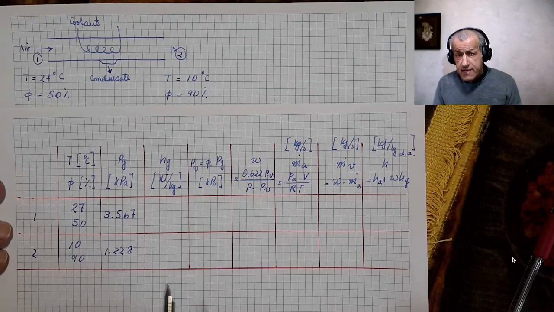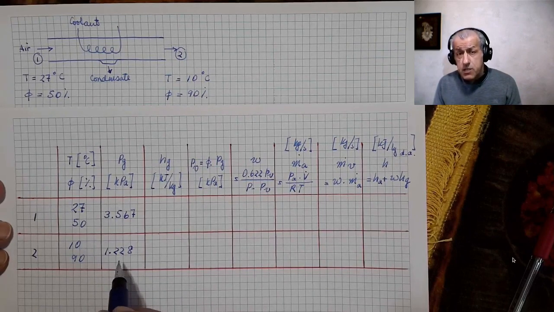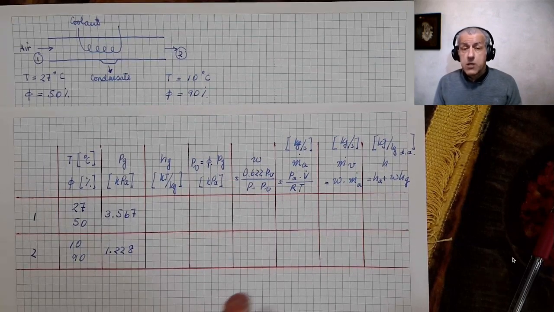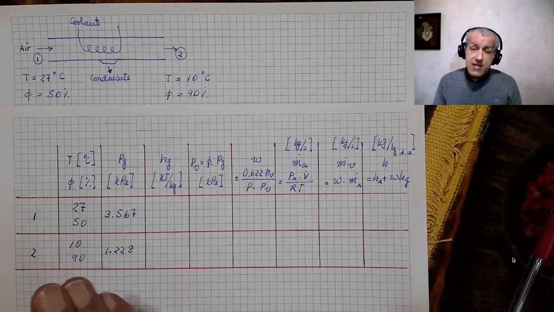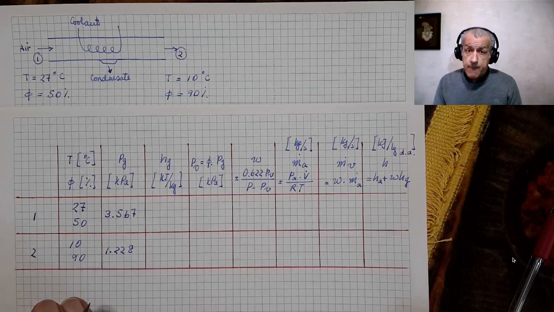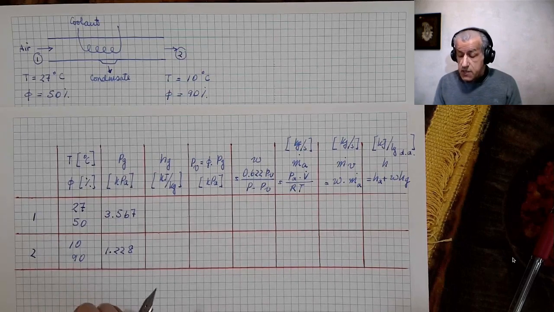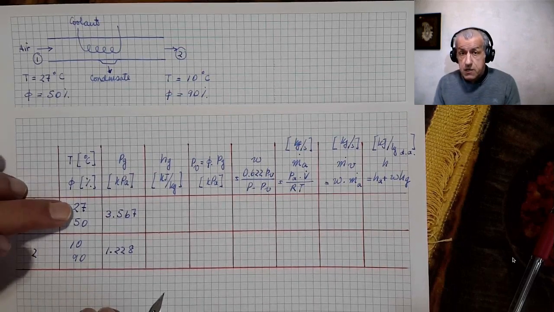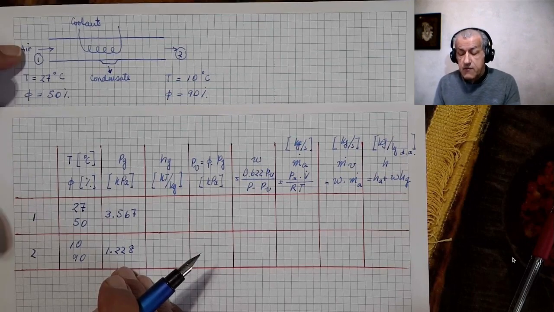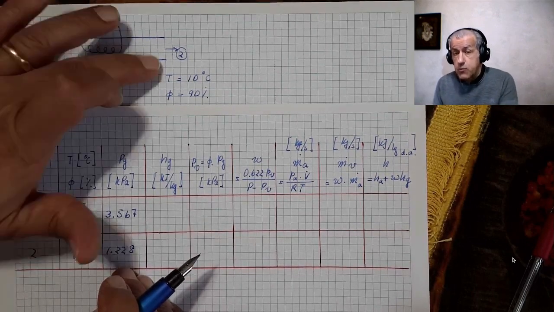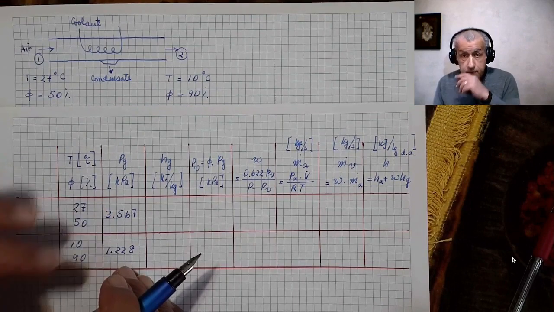It doesn't mean that this is our partial pressure of water vapor. It just means that what would the partial pressure of water vapor be if it was saturated in the mixture, if it was saturated in this temperature. It doesn't mean that the partial pressure of our present water vapor in point 1 and point 2 is anything like this one.